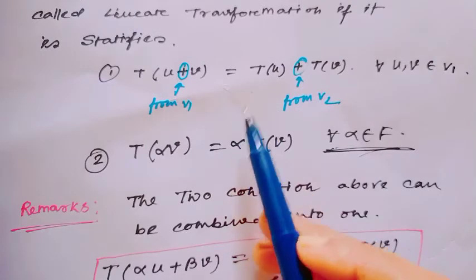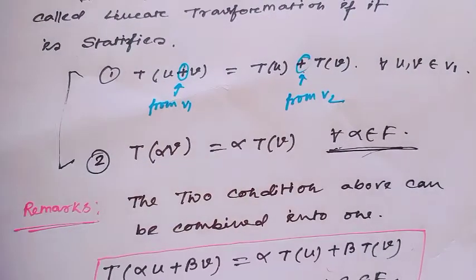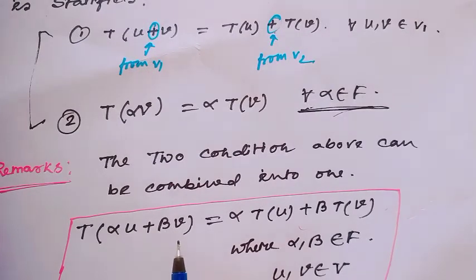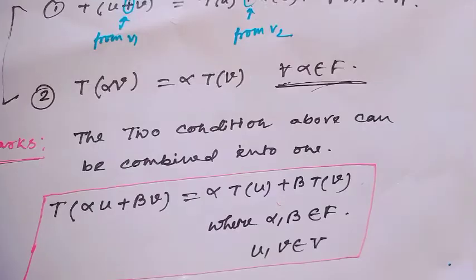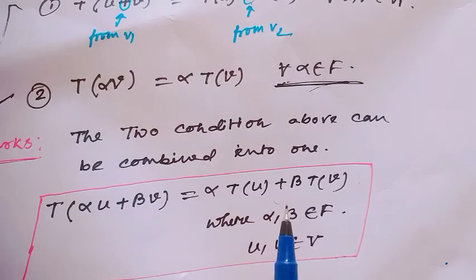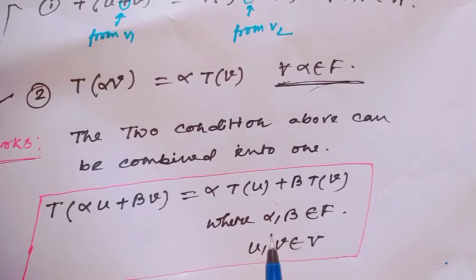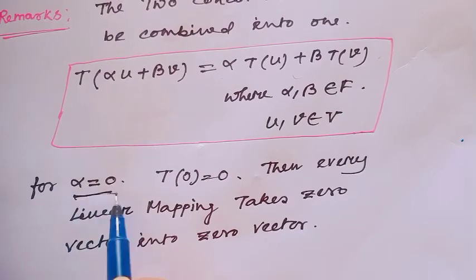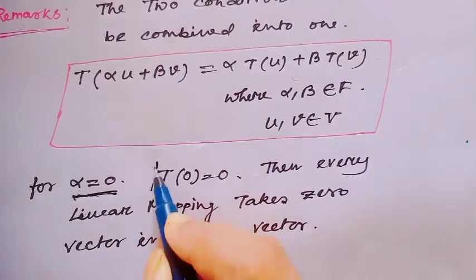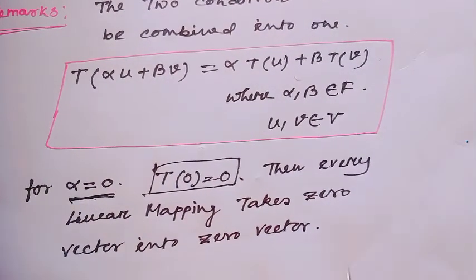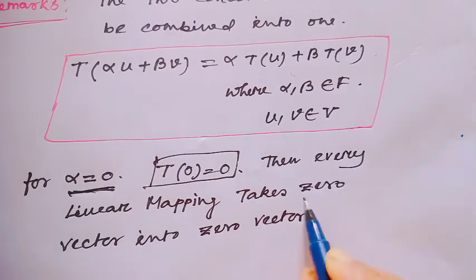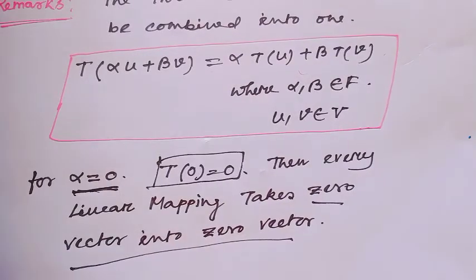If we combine these two relations, T(alpha u + beta v) = alpha T(u) + beta T(v), for all alpha, beta belonging to the field and u, v belonging to V. And when alpha is just 0, T(0) is always 0. That means every linear mapping takes the zero vector into the zero vector.